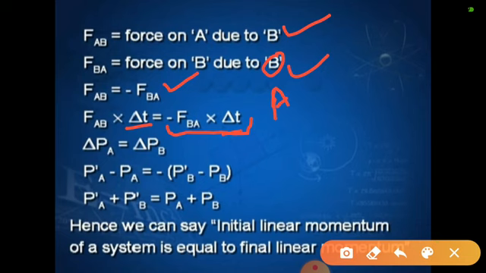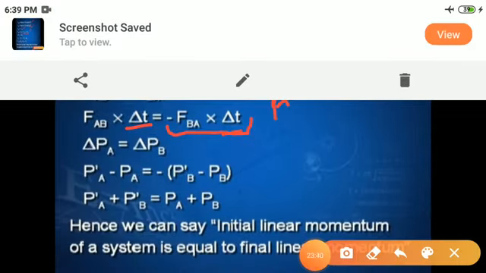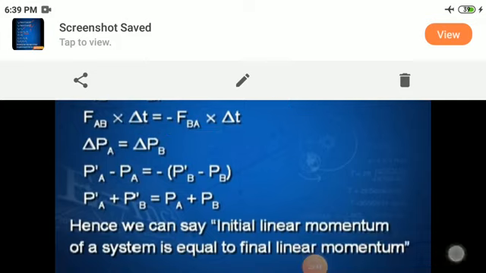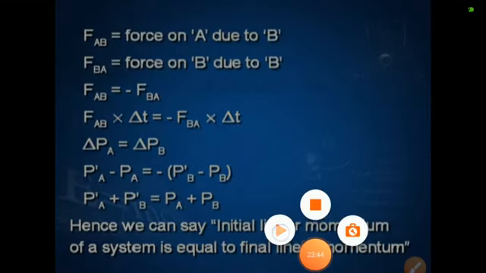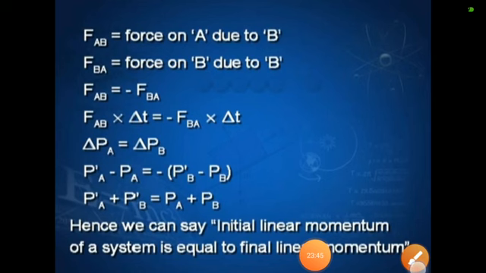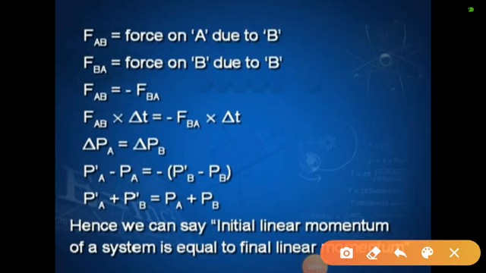So put the value of this impulse momentum theorem, F into delta t, F into delta t. This is the change in momentum of the first body, and this is the change in momentum of the second body.